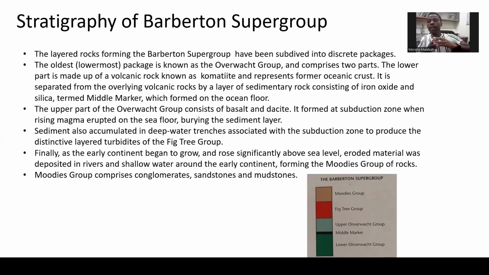I will explain using the pictures what we are talking about when we say the lower Onverwacht.